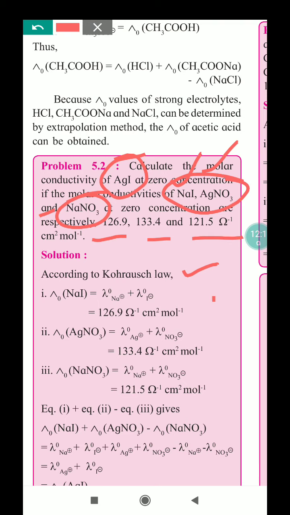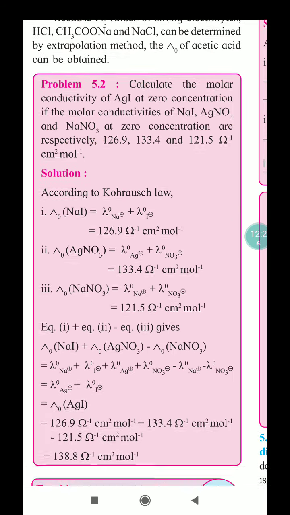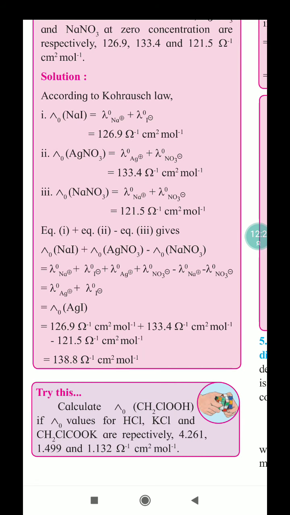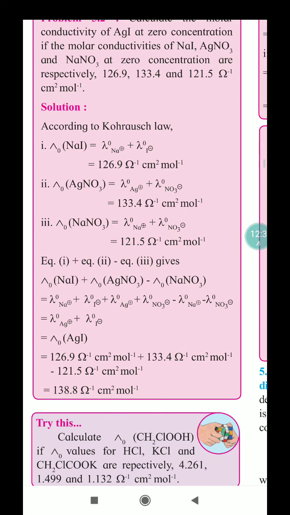By addition of these 1, 2, 3 on the left hand and right hand sides, Na positive cancels, NO3 cancels, and what remains is I negative and Ag positive, which is the molar conductivity at infinite dilution of AgI.